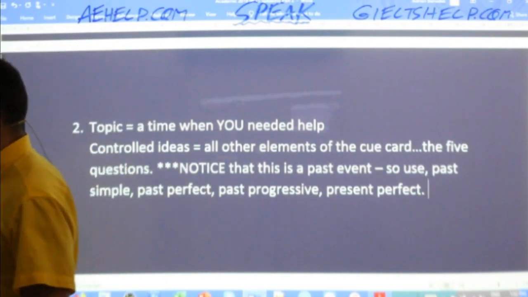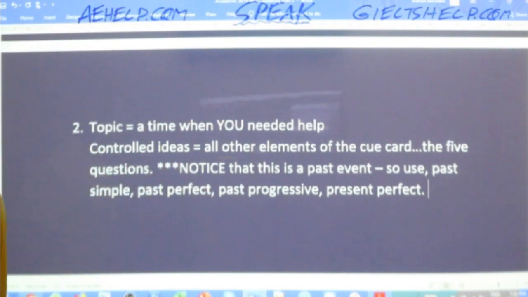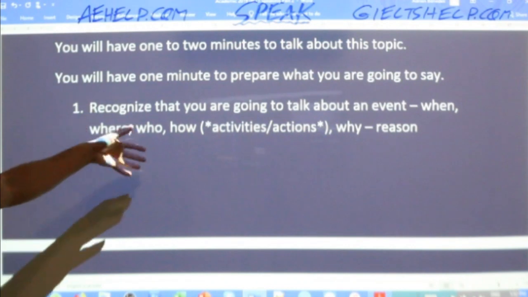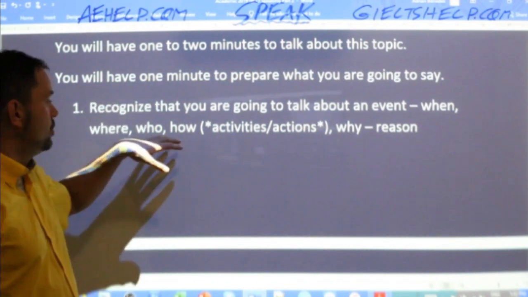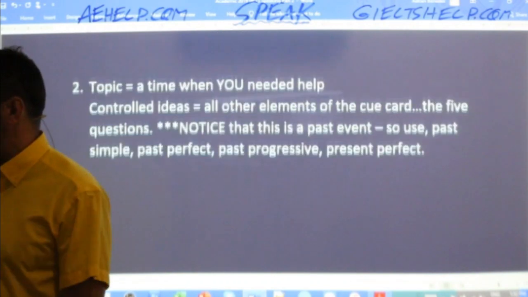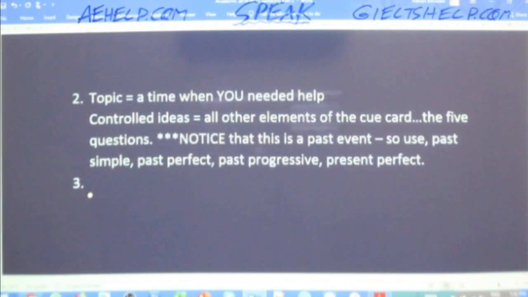All right, good. So you're moving through all of these thoughts nice and quick. And then your step 3 is what? So step 1, we recognize it's an event. We have to think about when, where, who, how, why. Step 2, we say, okay, it's a time I needed help.